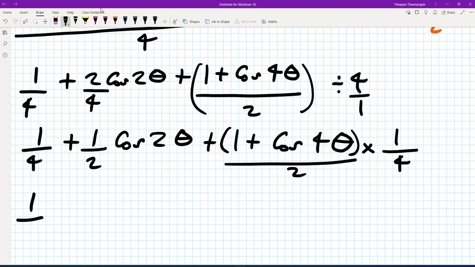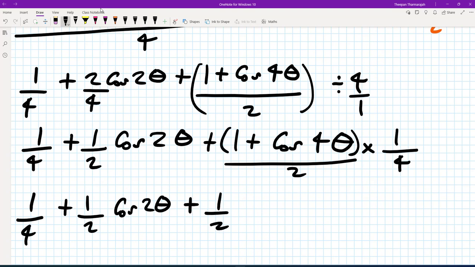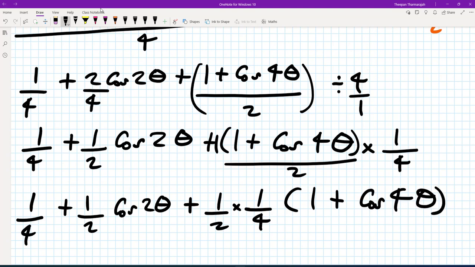So I'm going to do a quarter plus a half cos 2 theta. I'm going to factorize the half out because there's really a 1 here, and then I'm going to put times a quarter here, and then I'm going to do plus 1 plus cos 4 theta, like so.